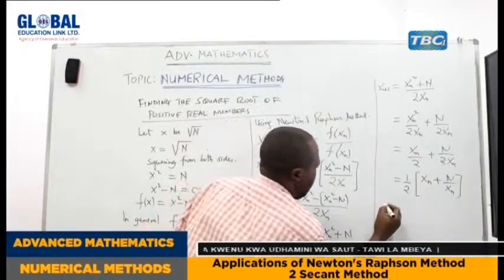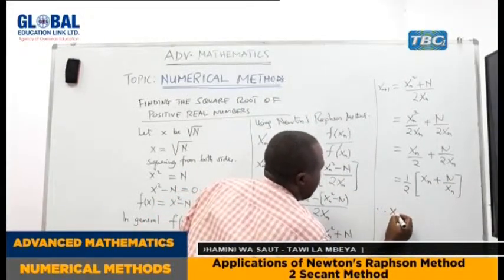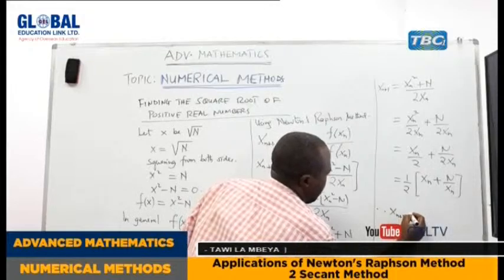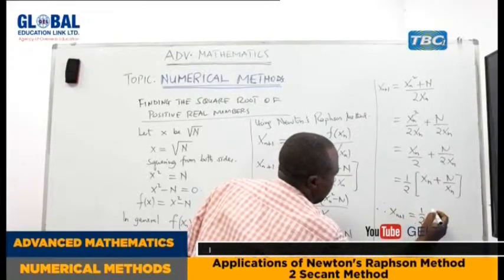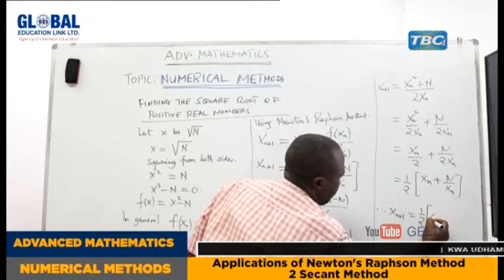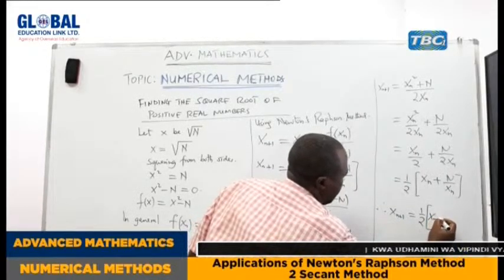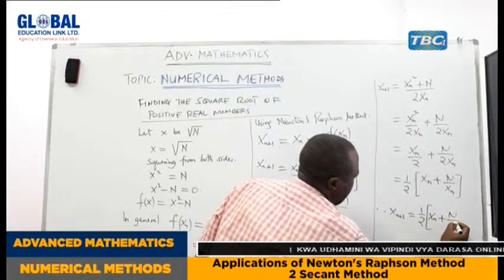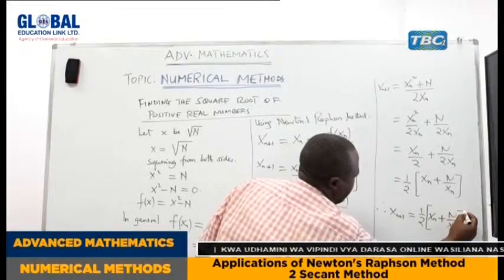Therefore we say xn plus 1 is equal to 1 over 2 bracket of xn plus n over xn.